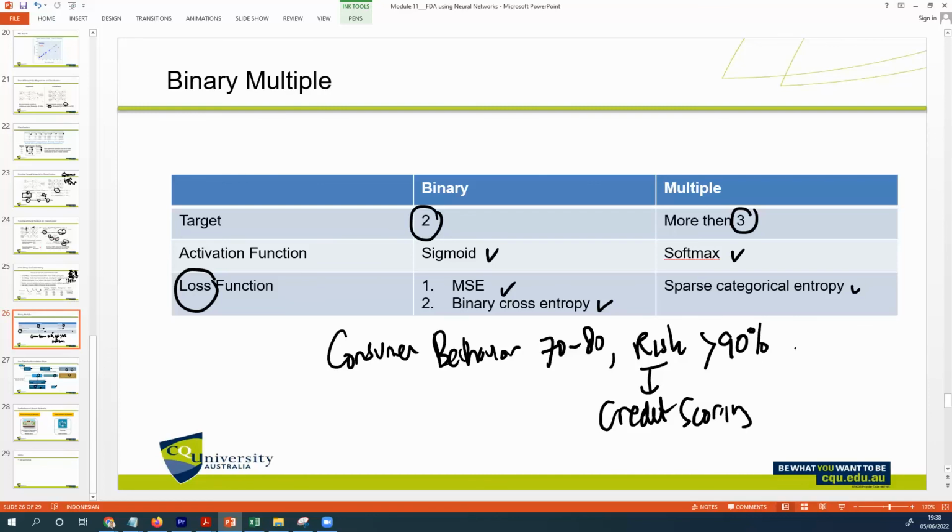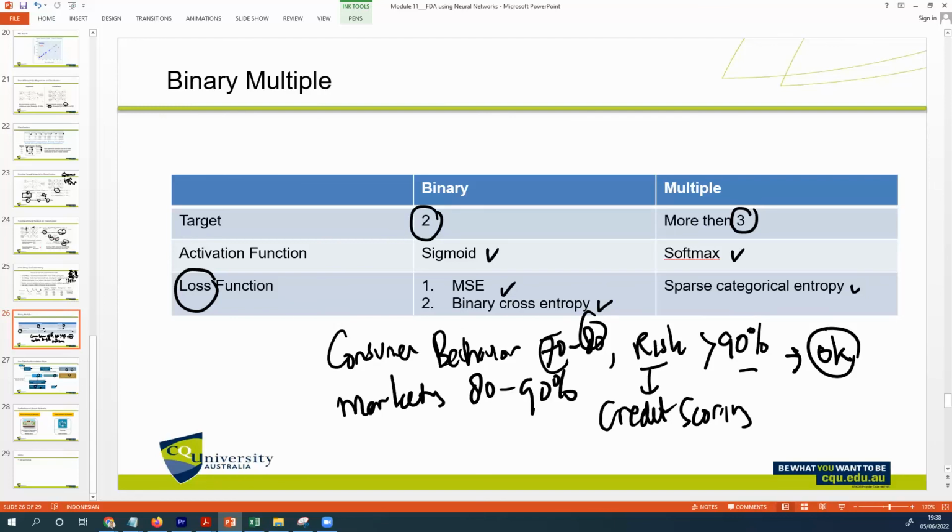So they need the highest possible accuracy. Mostly in risk, above 90 is considered okay. In consumer behavior, 70 to 80. In marketing, 80 to 90%.